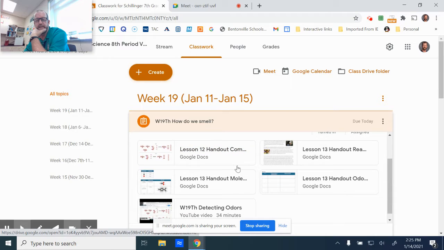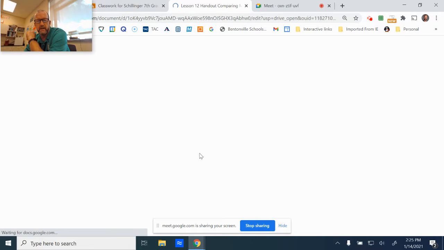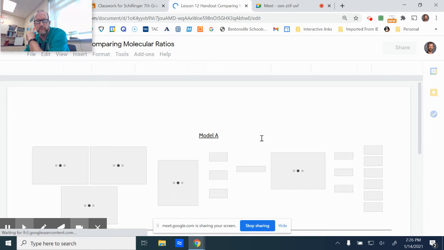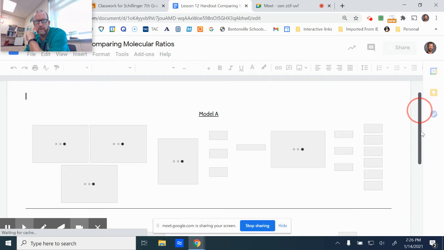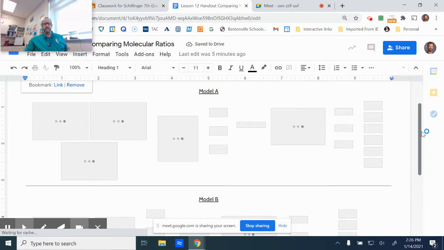If you look in today's Google Classroom assignment labeled How Do We Smell, there is one document in there that says Lesson 12 handout comparing molecular ratios. So when we look at the two different models that are presented, I know it's slowly loading up on mine.